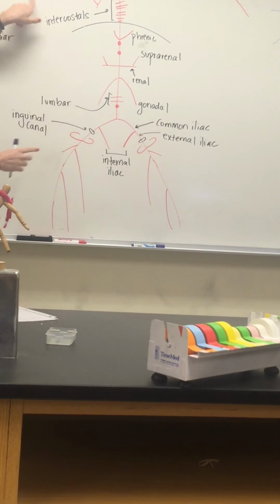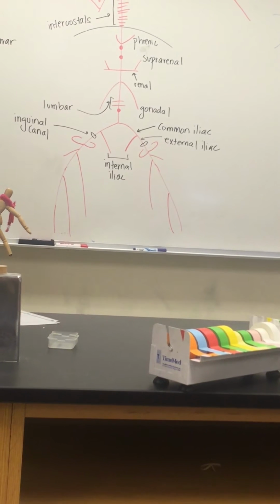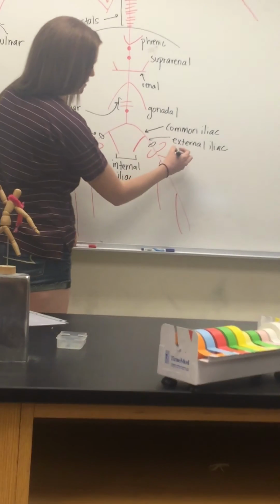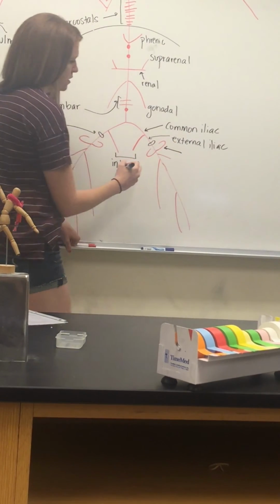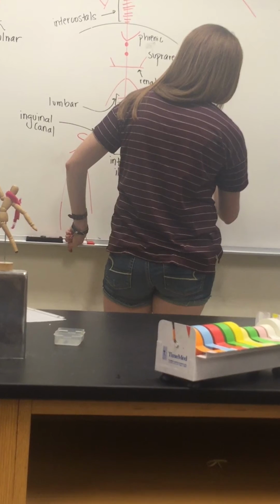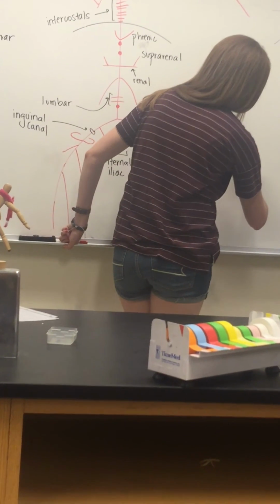Then, just like in the arm, where there's an anterior and posterior humeral circumflex, we have a circumflex down in the leg, but this time it's called the medial and lateral femoral circumflex.